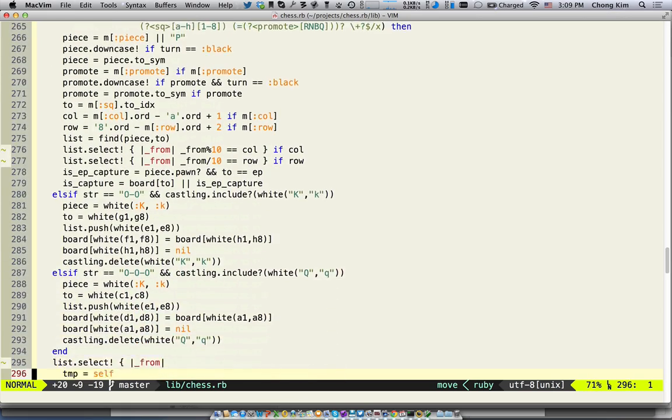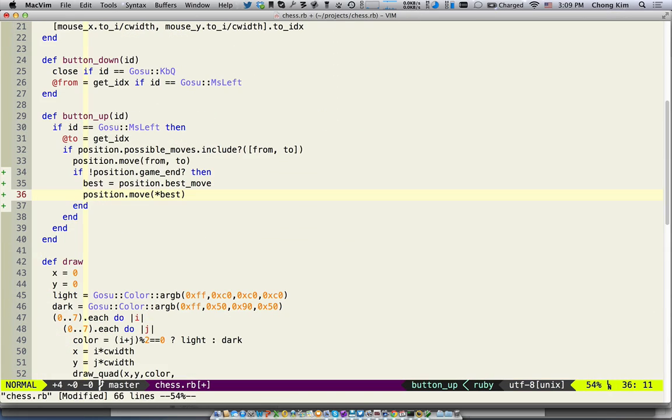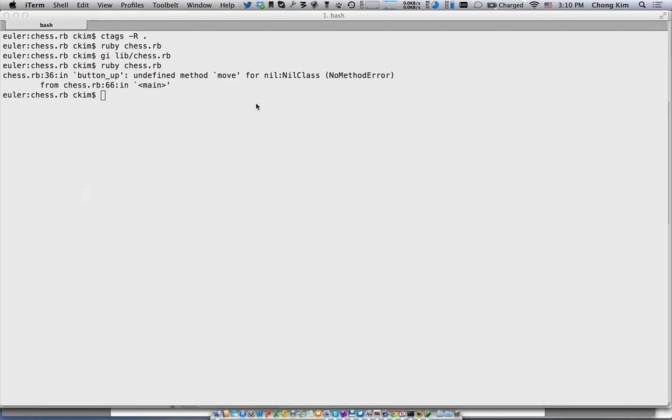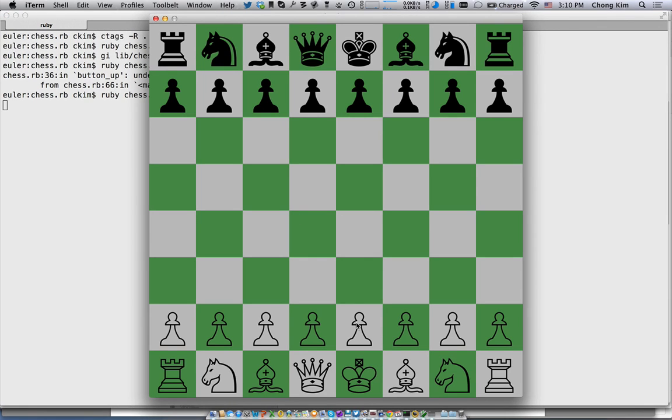Let's see, what does it return? It returns self. Okay, just see if this makes any difference. Undefined method move for nil class, 66. All right, so let's see if that happens again. Yeah, it looks like it's probably happening again. Oh, actually it didn't.